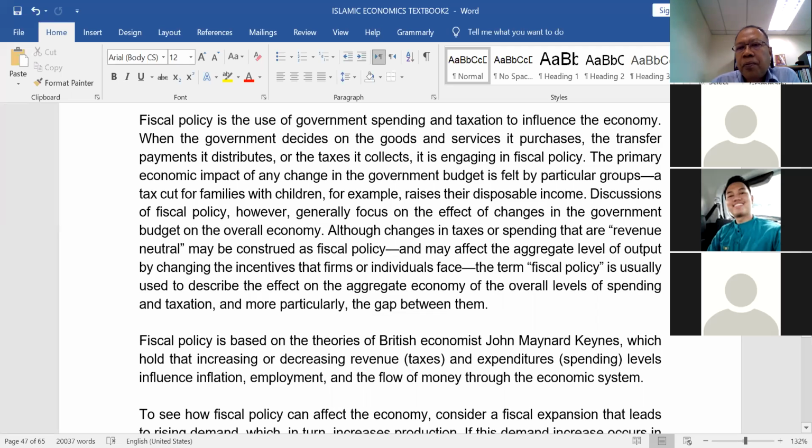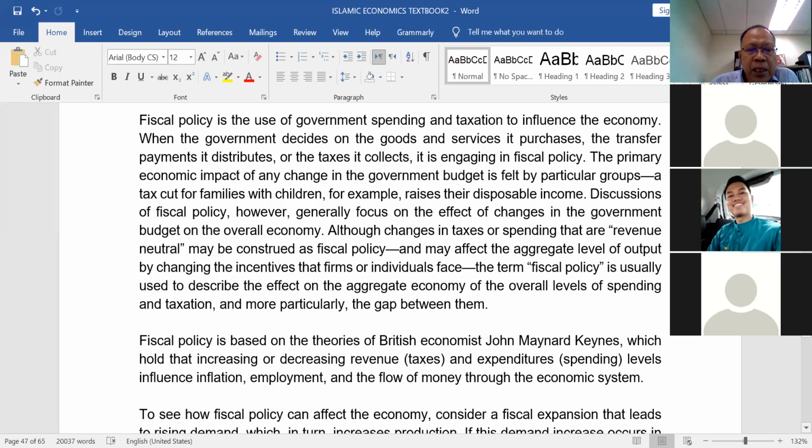Kalau kerajaan melaksanakan dasar contohnya mengurangkan cukai, so dia akan mempengaruhi golongan yang terkesan. Kerana bila dikurangkan cukai, maksudnya the people atau rakyat mempunyai wang yang lebih untuk dibelanjakan.